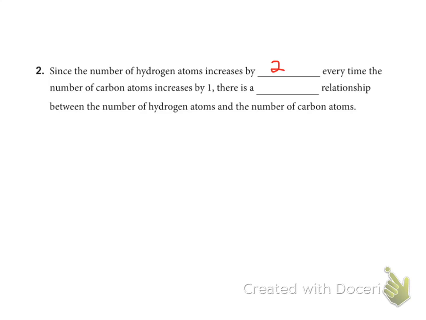What kind of relationship do we have then? What do you mean, like a relationship? Well, it's like what we had earlier when we had a table, and as one increased by a certain amount, the second column increased by a certain amount.